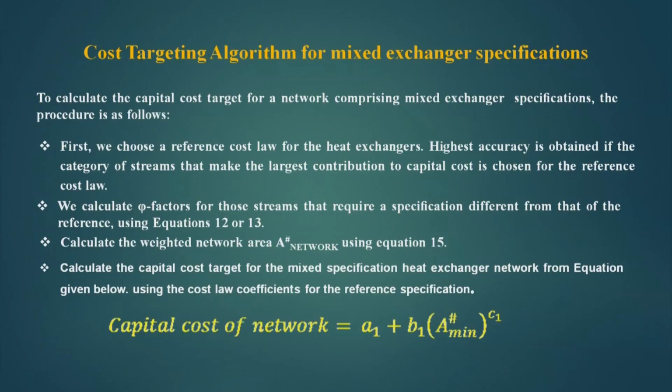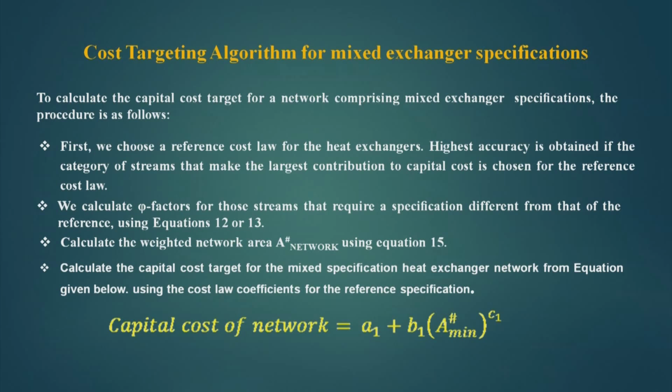Once that area A hash is known to us, we can use the cost equation for the reference material. The reference cost equation we have taken is A 1 plus B 1 A to the power C 1. So, in place of A, now we will put A hash minimum and will compute the capital cost of the network.